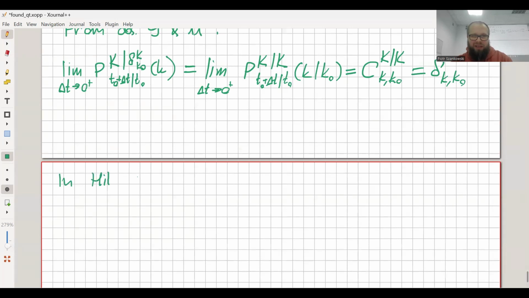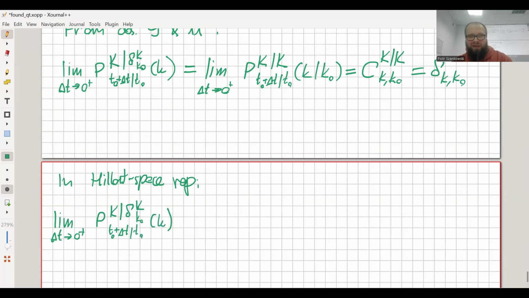In the Hilbert space representation, this probability, initialized this way, is nothing more than a trace over our Hilbert space S. We have the projection operator for K, and we have the metric associated to this particular phenomenological initialization.